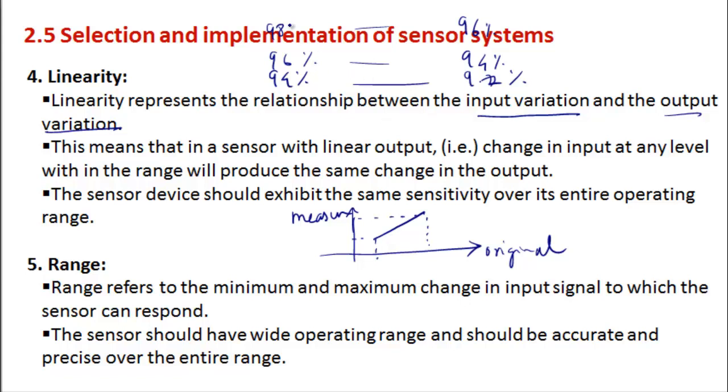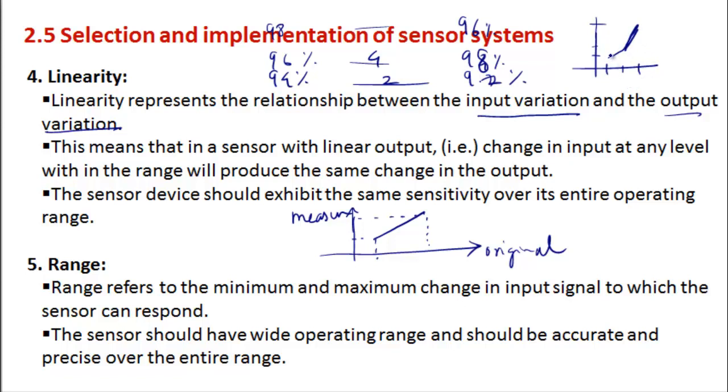as I said, suppose at 94 it shows 92, and at 96 it is not showing 94 but 98. Then here the difference is 2, but when it came here the difference became 4. So when you draw that graph, for here the difference is 2, for here the difference is 4.